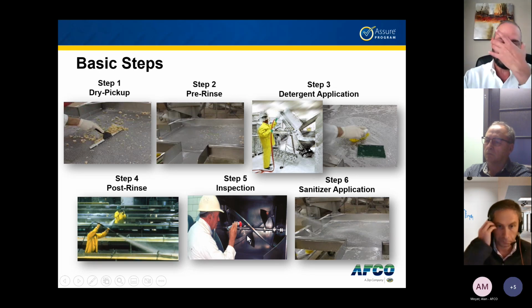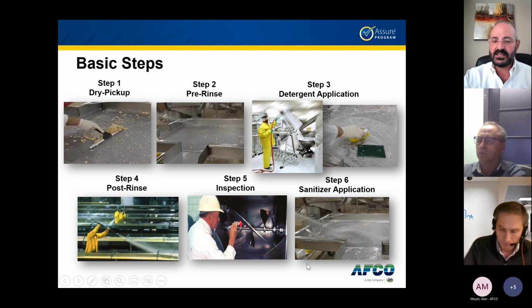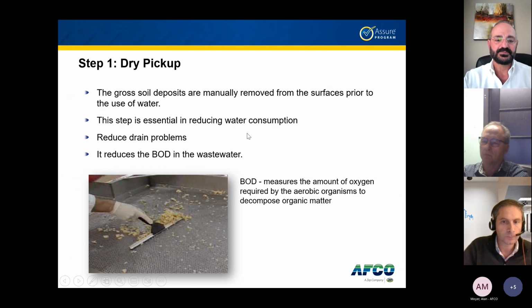If we find the surfaces are still not clean enough, we have to re-clean, and that's why we do the inspection. So we re-clean and rinse until the surface is completely clean, and then the last step comes, which is sanitizing.